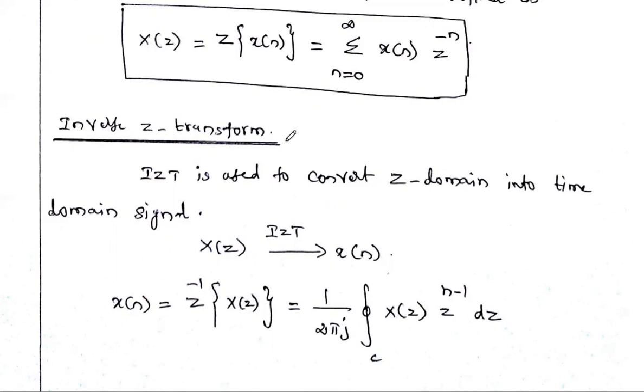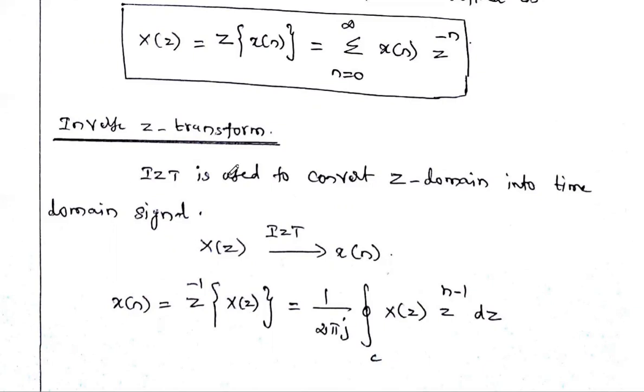Here, the inverse Z transform is used to convert the Z domain into a time domain signal. That is, we convert capital X of Z into the time domain signal small x of n.